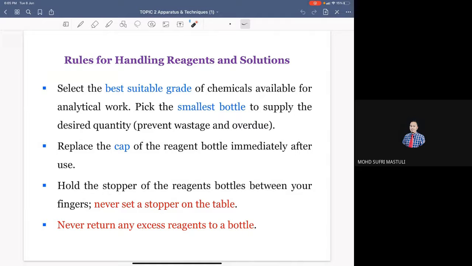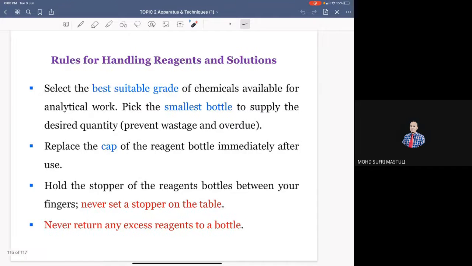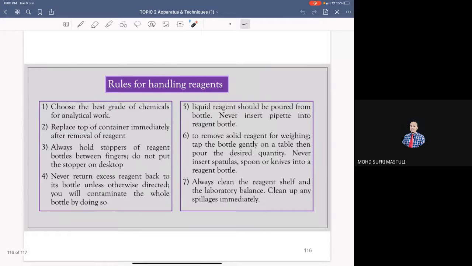Hold the stopper of the reagent bottle between your fingers. Never put the stopper on the table. Never return any excess reagent to the bottle. The liquid reagent should be poured from the bottle. Never insert a pipette or burette into the reagent bottle.